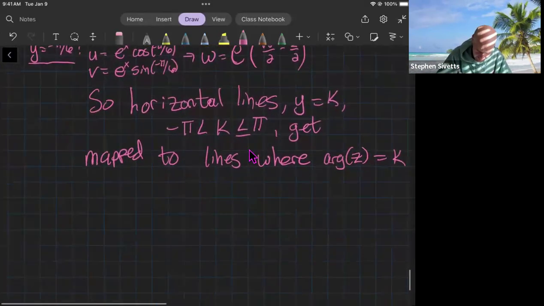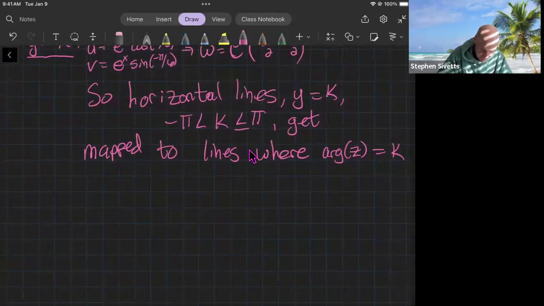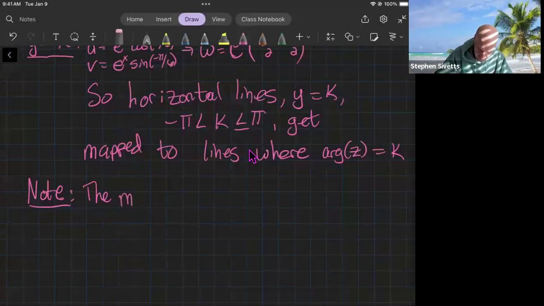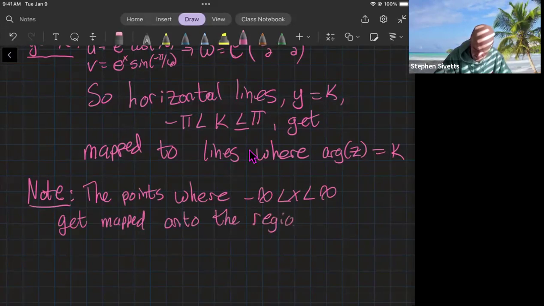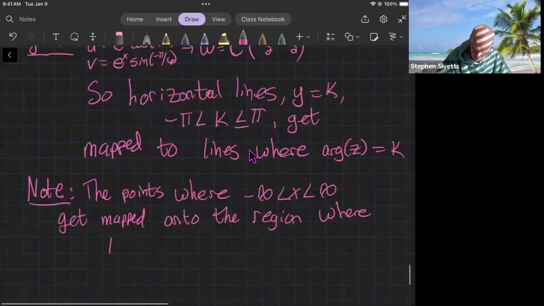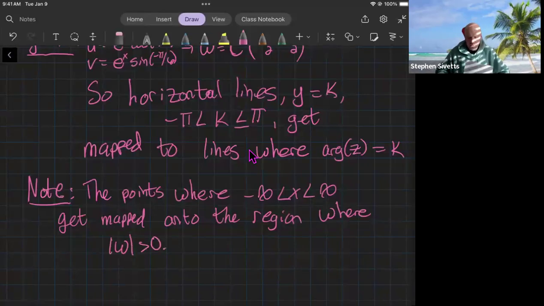Oh, and one more thing. And another thing is that the mapping, the points where x is varied, they get mapped where the modulus of w is positive.